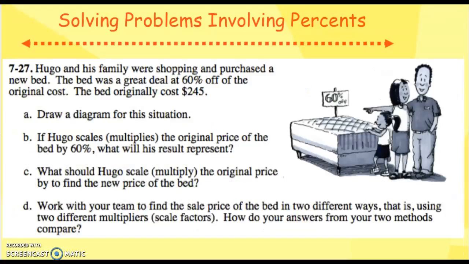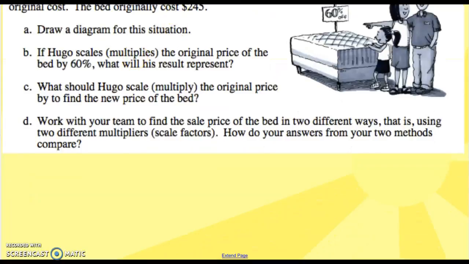The first problem we're going to do together is 7-27. Hugo and his family were shopping and purchased a new bed. The bed was a great deal at 60% off of the original cost. The bed originally cost $245. Draw a diagram for this situation. So I'm going to draw my diagram below, and you need to be drawing your diagram in your notebook.